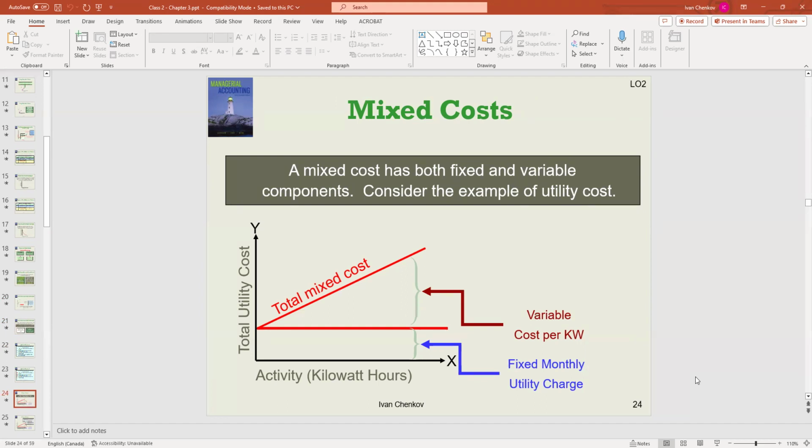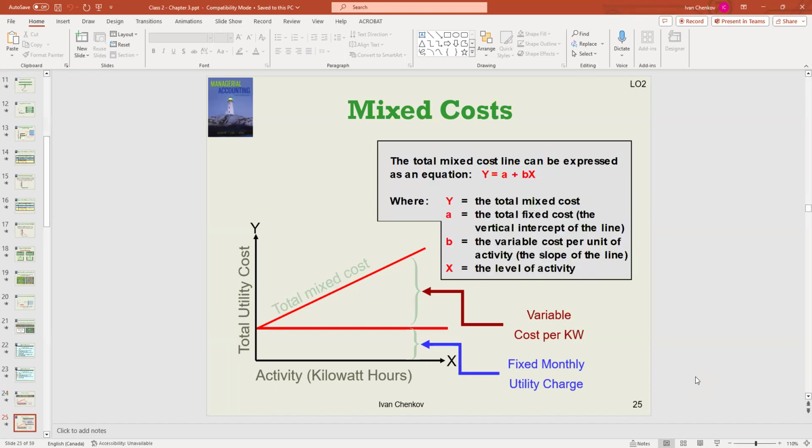If you're paying $50 for the cell phone with 1 gigabyte usage, that's a perfect example of mixed cost. Why? Because you're paying $50 and once you reach 1 gigabyte, for every additional data that you're using, you have to pay more. And that's where the variable portion of the cost starts to influence the cost.